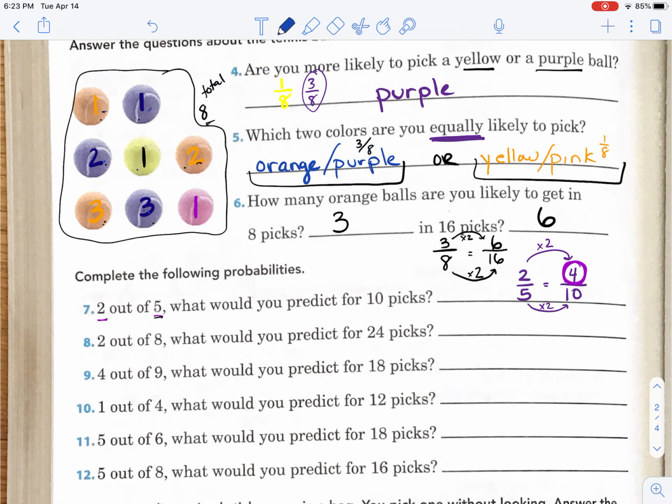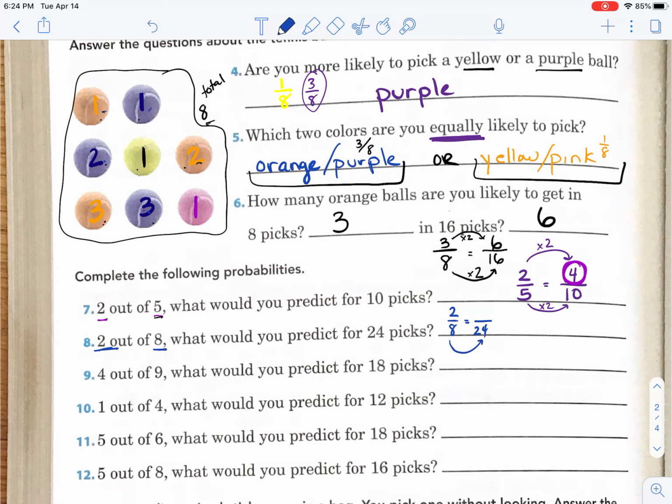Okay, let's do another one. If it's 2 out of 8, let's say there's 2 chocolate candies out of 8 total candies, and the rest are Skittles or something. Or 2 yellow Skittles out of the bag of Skittles of 8. There's only 2. Well, if I pick 24 times, how many yellow Skittles do you think I would get?